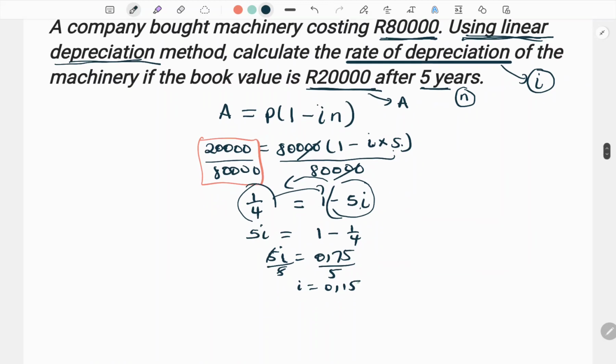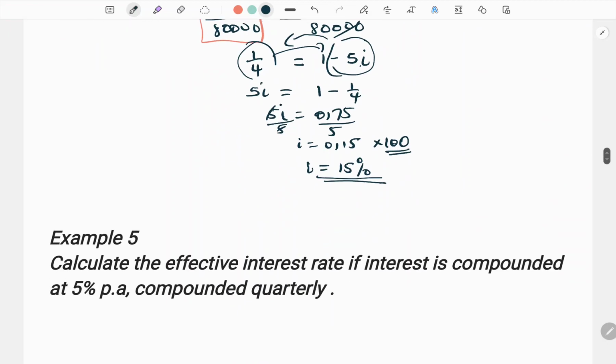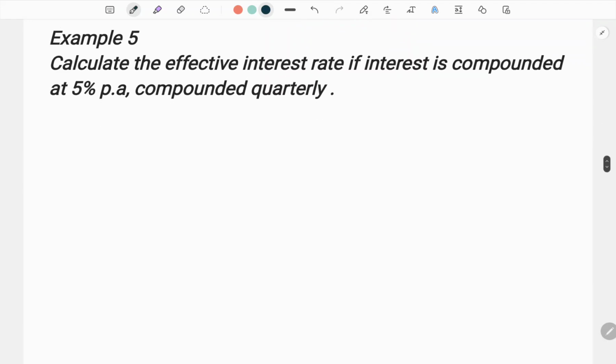Then you always want a percentage, so you multiply by 100. Then the rate, which is R, is equal to 15%. Then you are done. Next question.